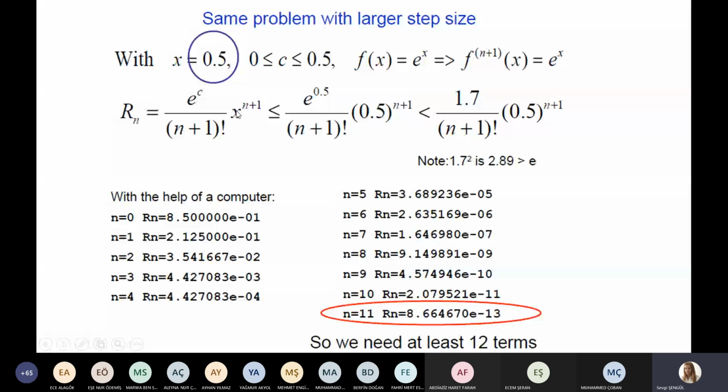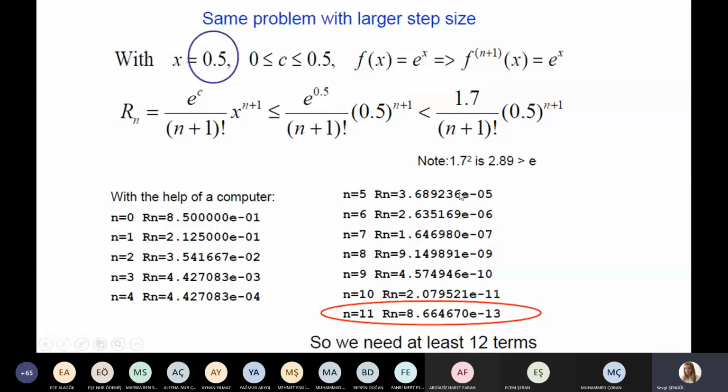Once you do the same calculation, you will see that you need at least 12 terms from the Taylor series expansion if you want less than 10 to the minus 12 error. So you need more terms.